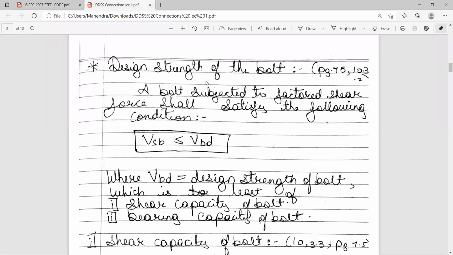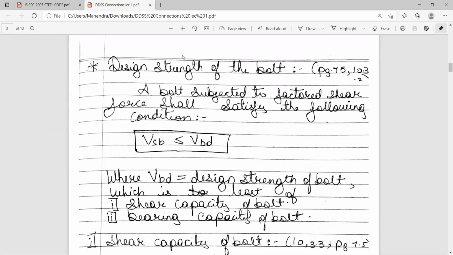First of all, note down the design strength of the bolt. The design strength of the bolt will satisfy the condition that VSB will be less than VBD only then. And VBD can be calculated as the least of both values, that is the shearing capacity of the bolt and the bearing capacity of the bolt. So first of all, note down up till here.